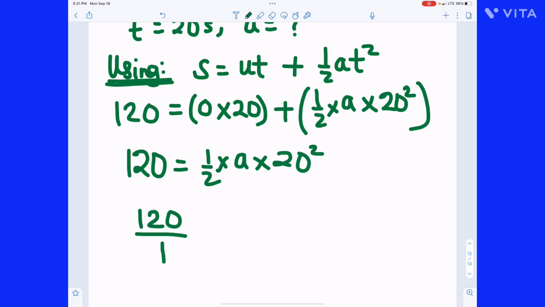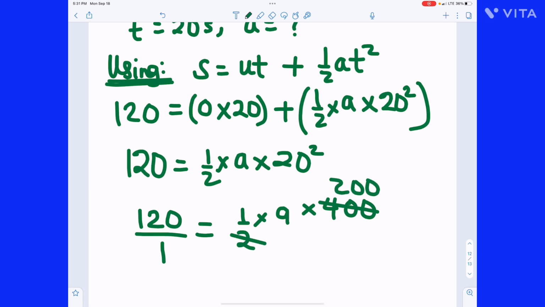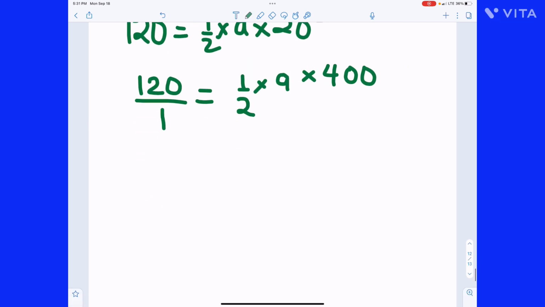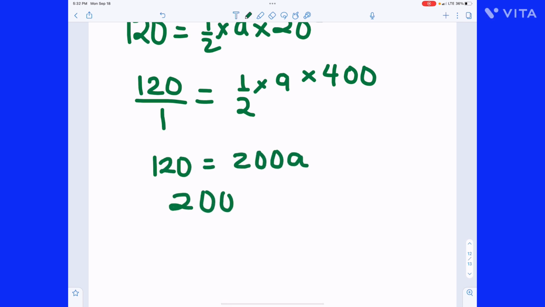So 120 over 1 is equal to half times a times 20 squared. 20 squared is 400. 2 in 400 is 200. So that gives me 200A. I hope you can see the division there. So that means 120 is 200A.